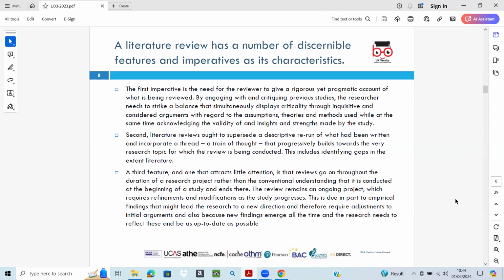We need to go beyond descriptive summarization, and we need to build a coherent argument. A literature review should go beyond summarizing what has been written and incorporate a coherent argument or narrative thread that builds towards the research topic.